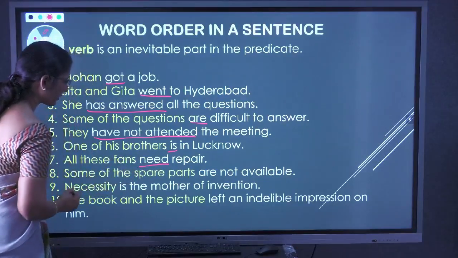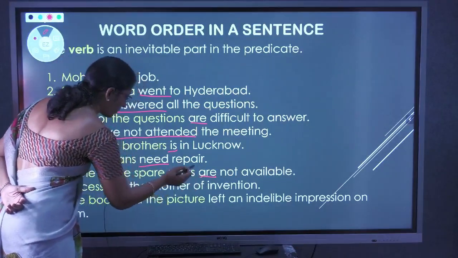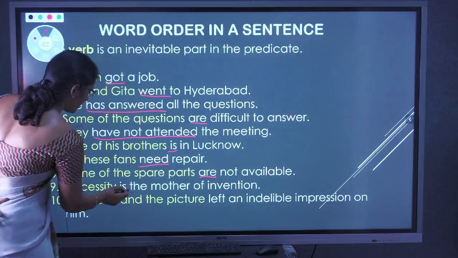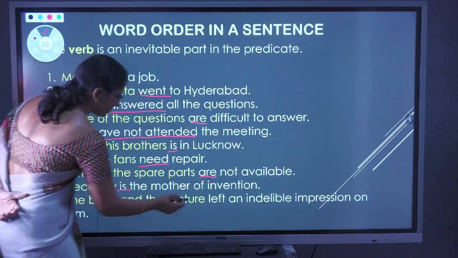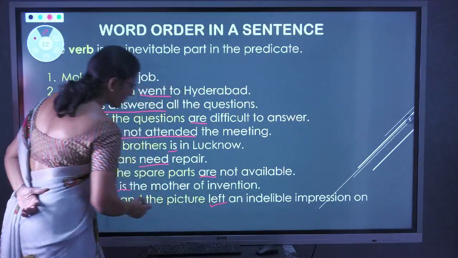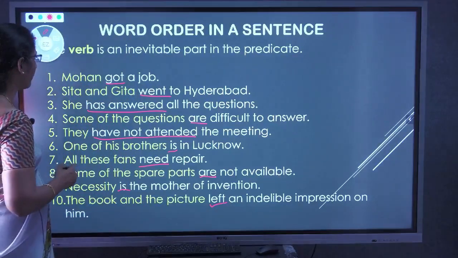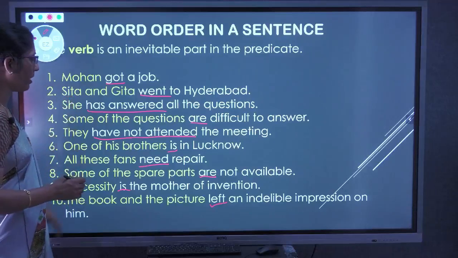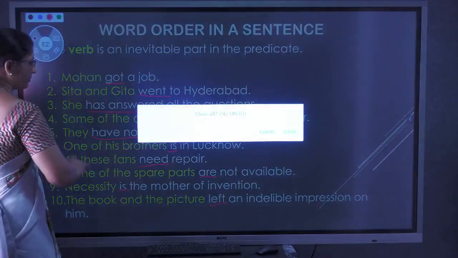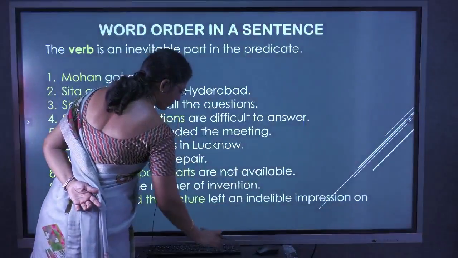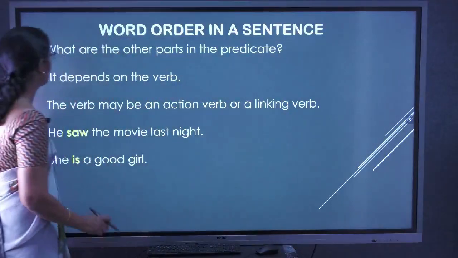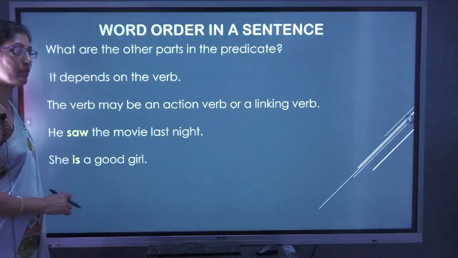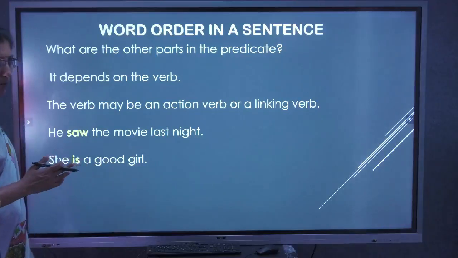Okay? This is also a linking verb. This is also a linking verb. This is an action word. See that in all the sentences, verb is an inevitable part. Let us see. So verb is an inevitable part.